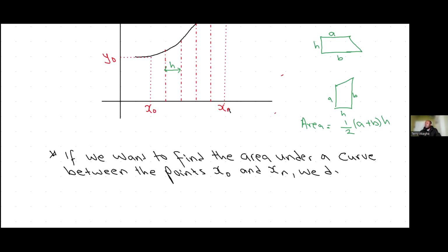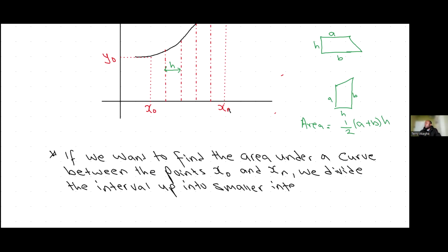We divide the interval up into smaller intervals.